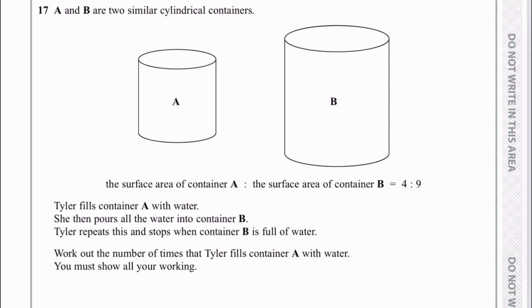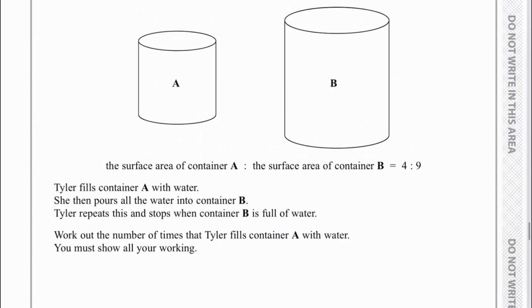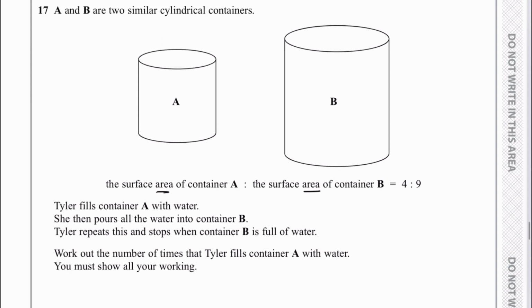Okay, so this one isn't necessarily as tricky as it makes out, because we've been given the area ratios. So that's basically the area scale factor. If I put this here, the area scale factor is going to be 4 to 9.